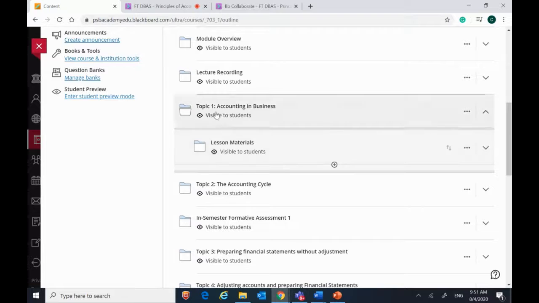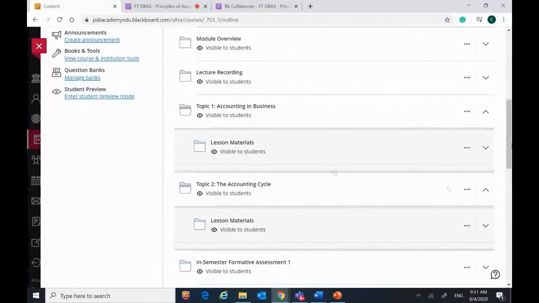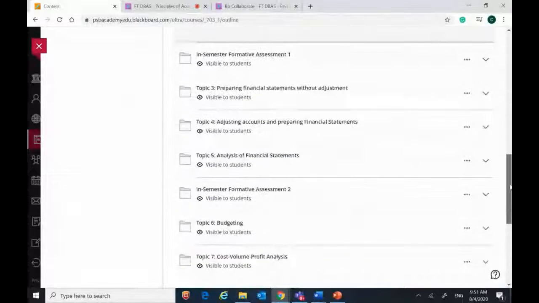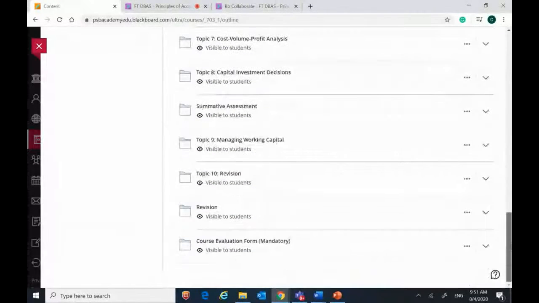So this is where the material is. This is for topic 1, and then topic 2 is from here, and so on. But I want you to scroll all the way down. You can see there's a folder here called revision.